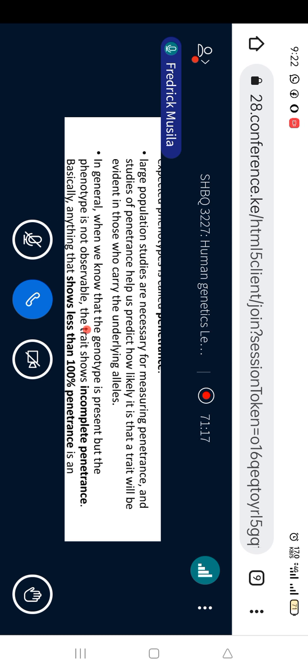In general, when the genotype is present but the phenotype is not observable, the trait shows incomplete penetrance. Basically, anything that shows less than 100% penetrance is an example of incomplete penetrance.